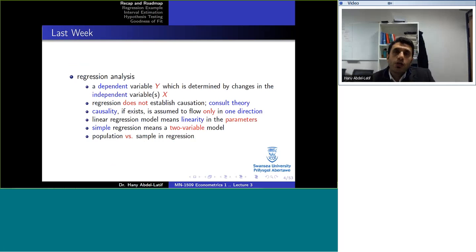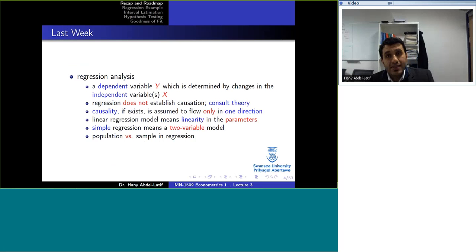So last week we talked basically about regression analysis. We talked about how we have two variables, and one of which is the dependent variable. We called it y, and this dependent variable is determined by changes in the independent variable x.